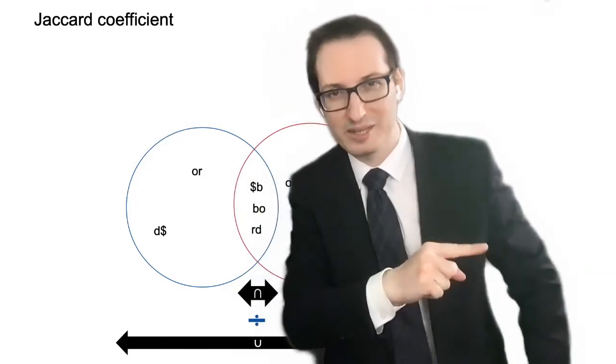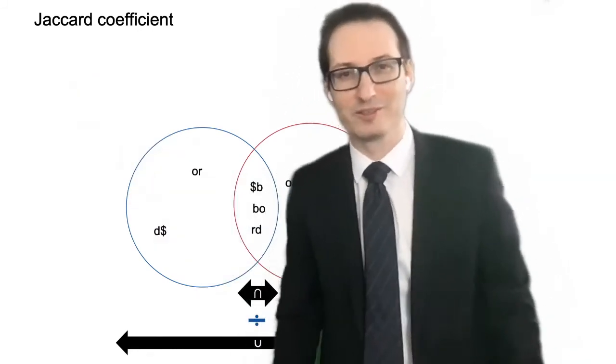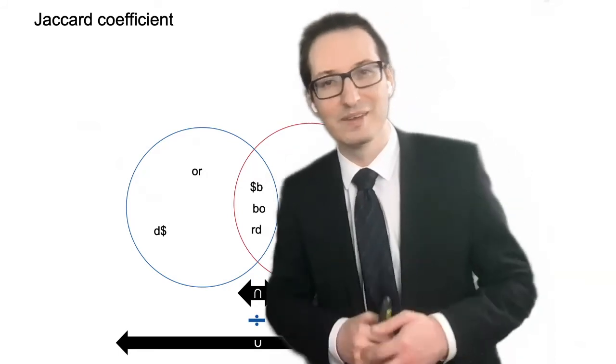Why is it not called the Jaccard distance? Because we said edit distance, right? But then I'm not calling that Jaccard distance. I'm saying Jaccard coefficient. Why not the Jaccard distance?